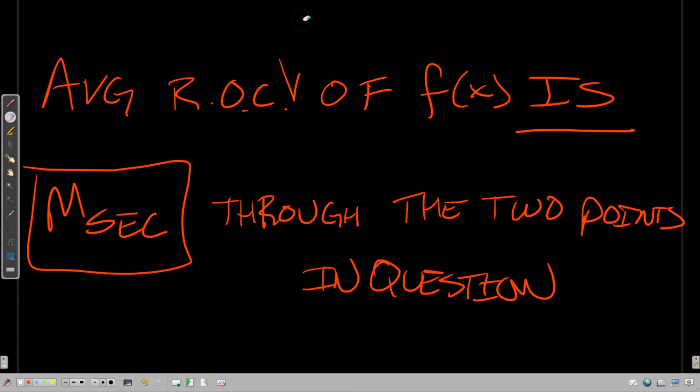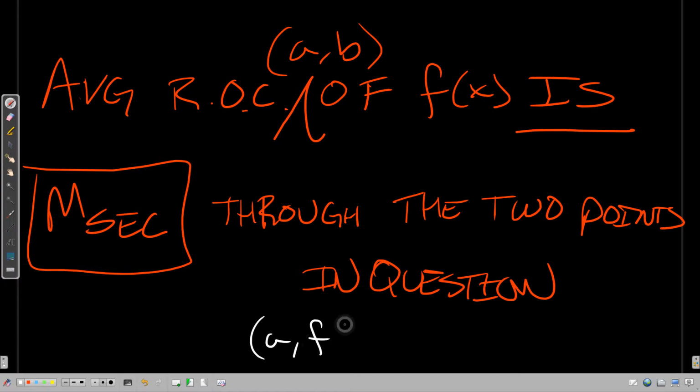The average rate of change has to be given on some certain interval. It only makes sense to ask about it on some certain interval. So these 2 points in question are the points A, f of A, and B, f of B.